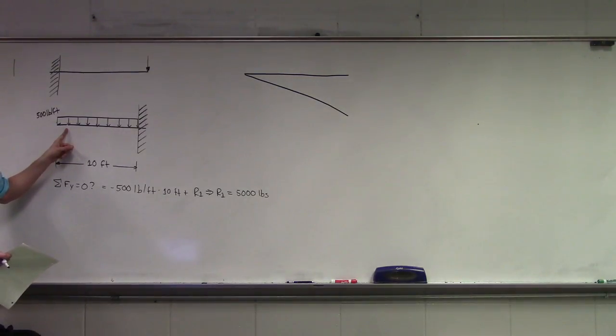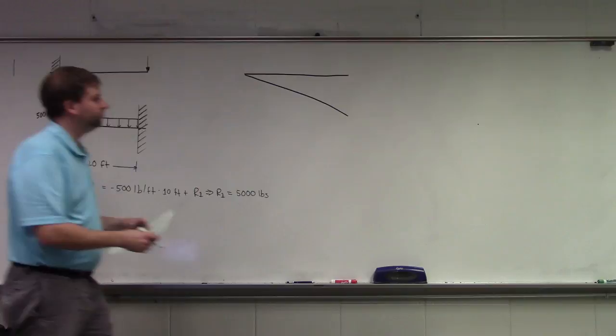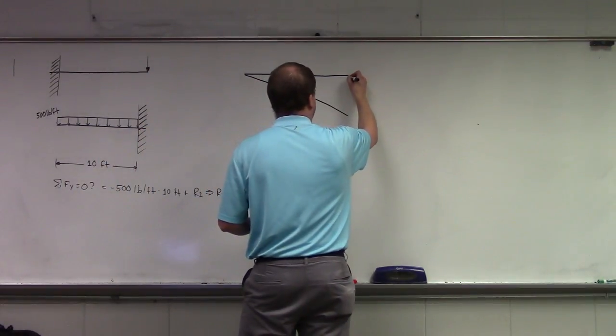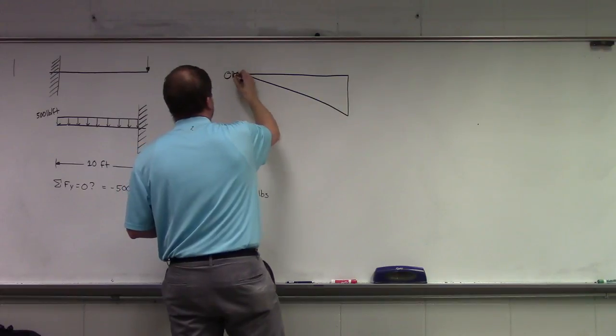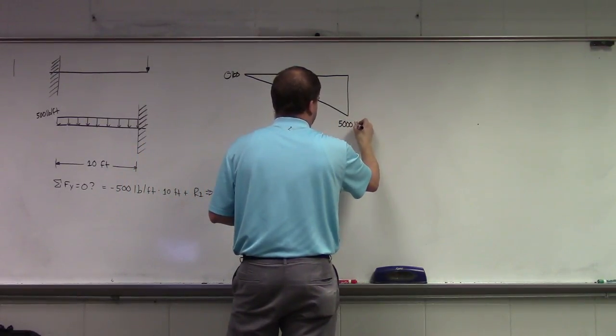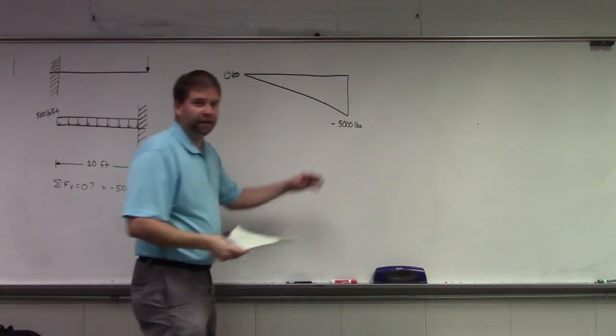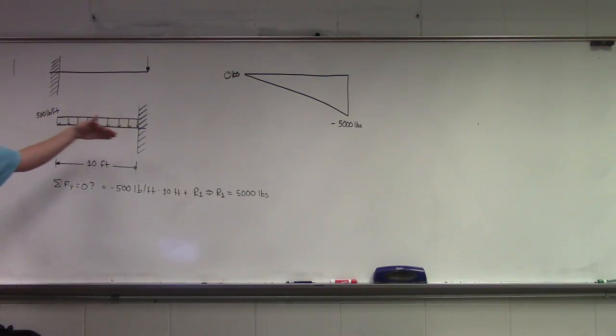If you go 1 foot away, what is it? Negative 500 pounds, right? Once you're over the wall, it should go back up to 0. Okay, so here it's 0 pounds, here it's 5,000 pounds. Now we've defined it as negative 5,000 pounds because of how we've defined our direction and how we're analyzing.